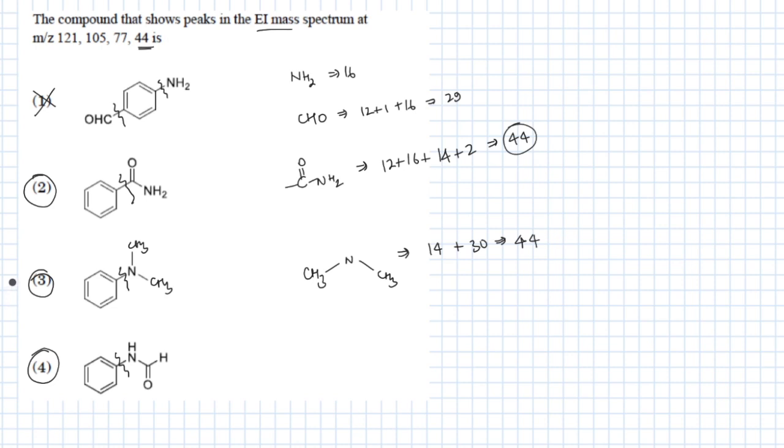Now the next thing is 77. 77 is obviously going to be the mass of your phenyl group.